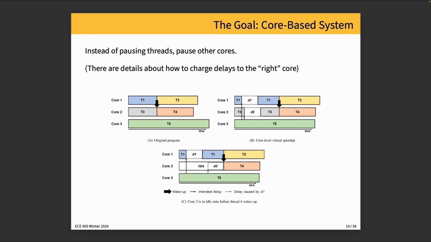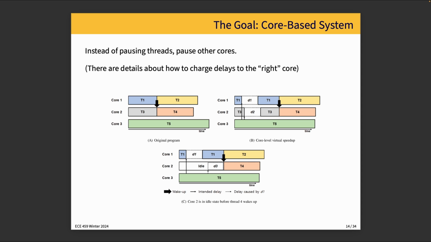There's details about when one core wakes up another one, or there's idle cores. How is delay charged to the correct core? That's fine. I invite you to read the paper if you really want to get into the details on that. For our purposes, that's not actually all that interesting. We can just kind of proceed with an understanding that there is a solution to that problem.